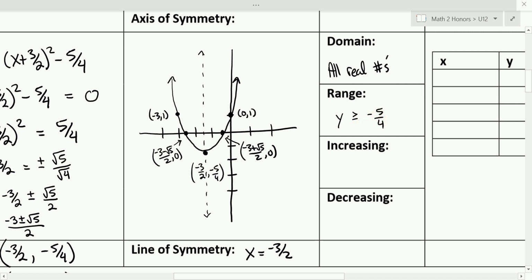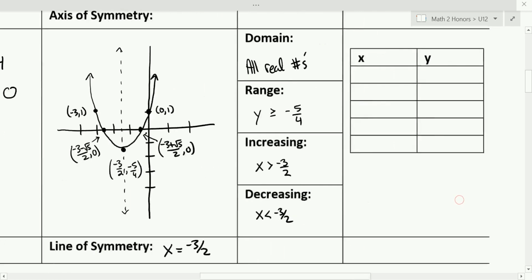Okay, increasing and decreasing. Where, CJ? Where's it increasing? On the right. So what would I write down here? Good. Decreasing would be less than.